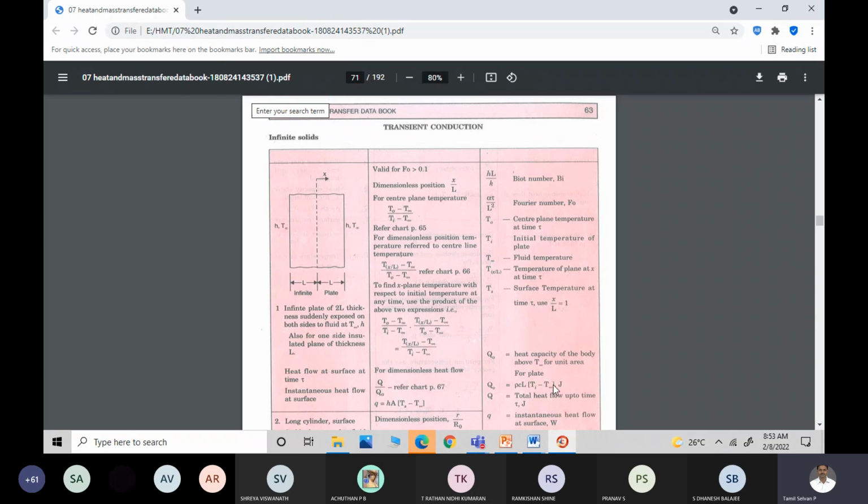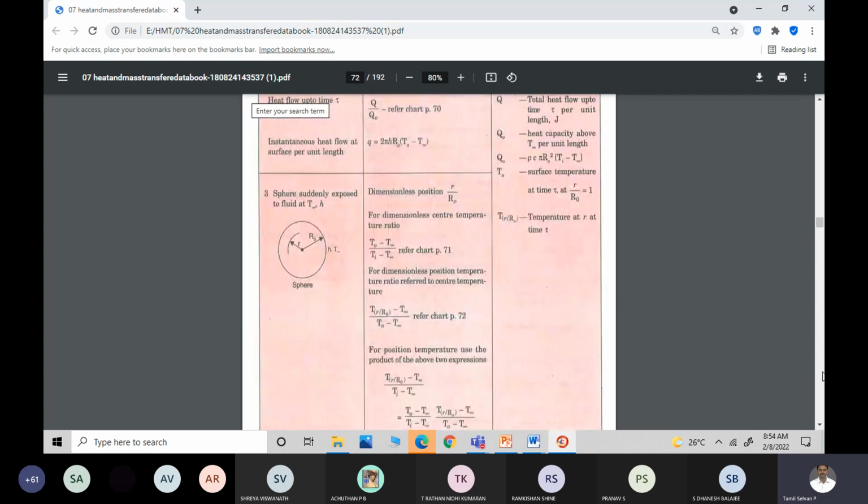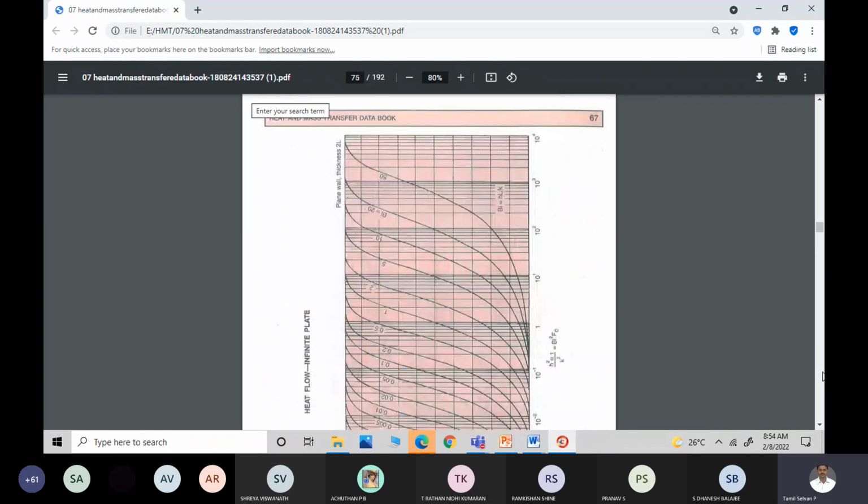Ti and T infinity we know. So we can find Q naught, then go to the graph on the chart on page number 67.